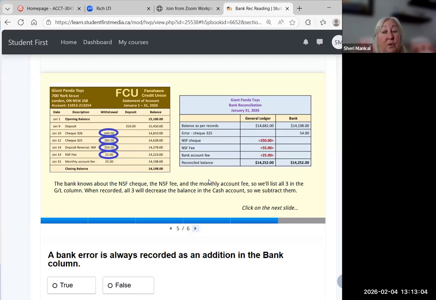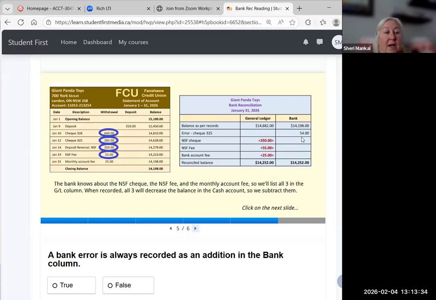It should have been $128, and they'll look into it and they'll make the adjustment. So there's nothing I need to do other than just phone the bank or send them an email and let them know about the discrepancy that I found. I don't have to journalize anything. I don't have to change anything, but I'm going to keep this bank reconciliation statement handy so that in February, when the statement comes, I can make sure that they've added this $54 back in.